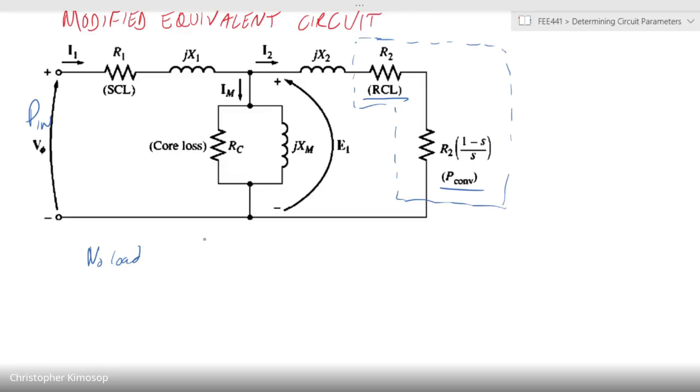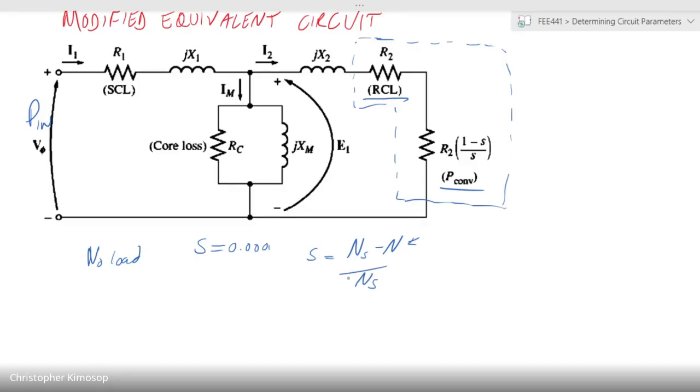Why is that? Our slip tends to be very, very small, 0.00 something, right? It is given by (ns − n)/ns. If the mechanical speed is very near to the synchronous speed, our slip tends to be very small.